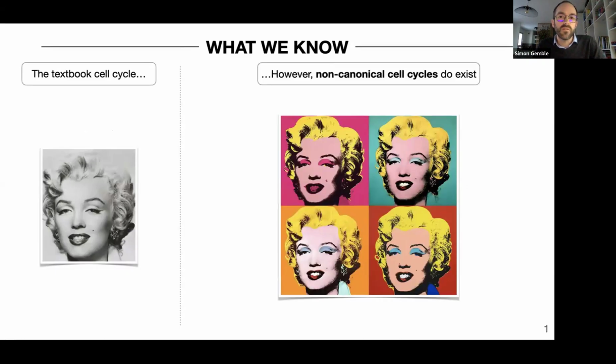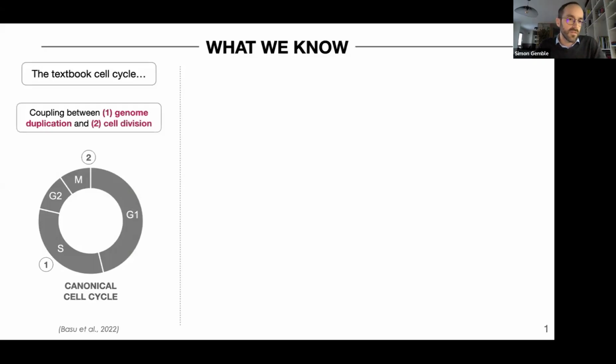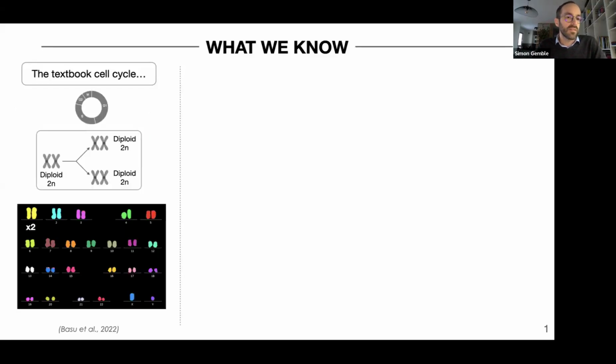But before talking about these non-canonical cell cycles, I would like to introduce briefly the classical cell cycle, which is based on two main events: genome duplication during S phase and then cell division during mitosis. And these two events are coupled together in order to maintain the diploid status over multiple cell cycles, meaning the fact that cells have two copies of each chromosome, as you can see on this karyotype.